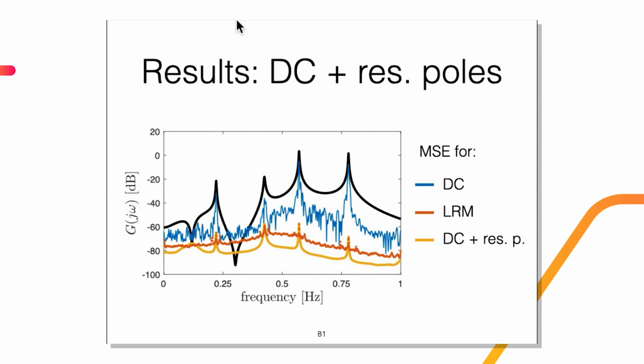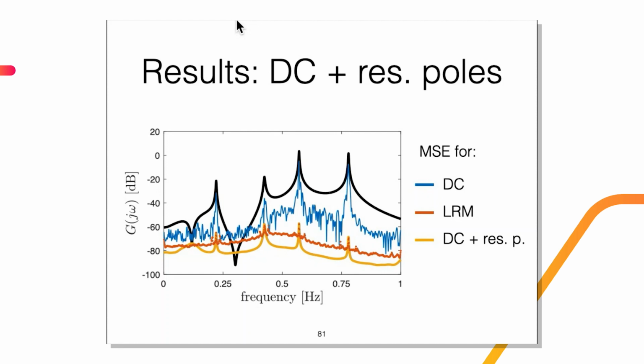estimated resonating poles. You see that the error, the yellow error, is clearly below all the others, possibly not much lower than the LRM at the resonance frequencies. This might still be improved, right, by maybe tuning this prior knowledge of the resonating poles.